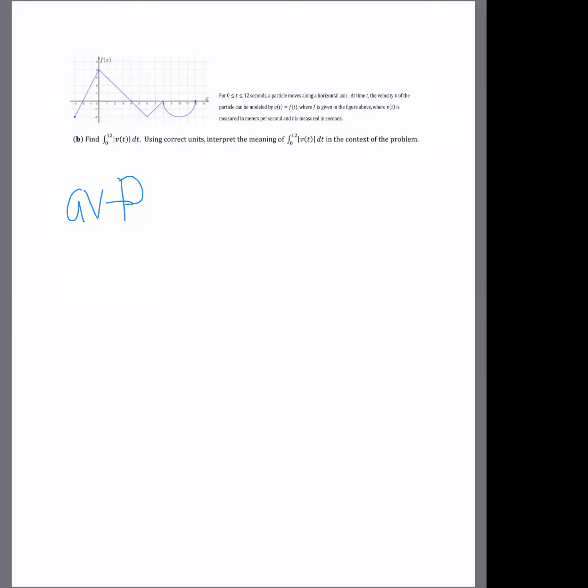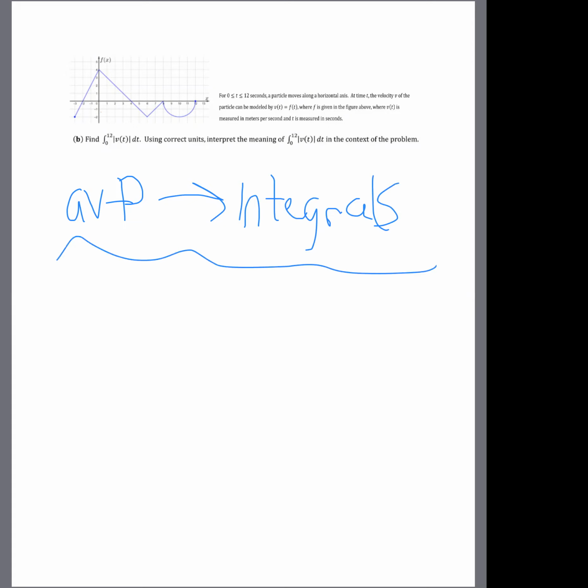It's acceleration, velocity, and position for integrals, but that isn't going to be covered this year. But just so we can go over what this means, because it's a really important concept nonetheless. It says find the integral from 0 to 12 of the absolute value of velocity, and it also says to interpret what this means.